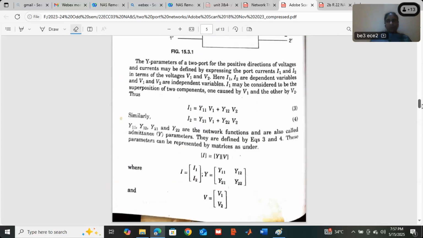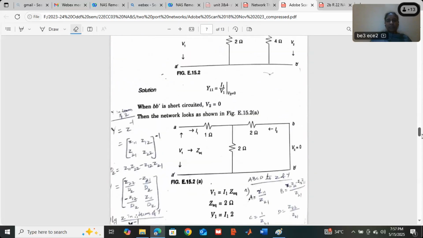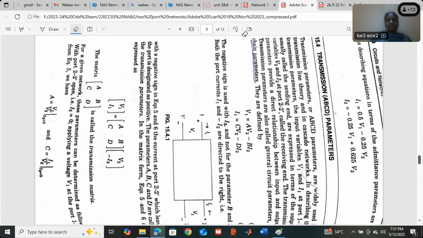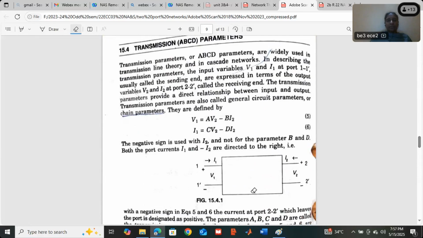Now the third one is the ABCD parameter. Again, you draw a similar block diagram for the ABCD parameter.